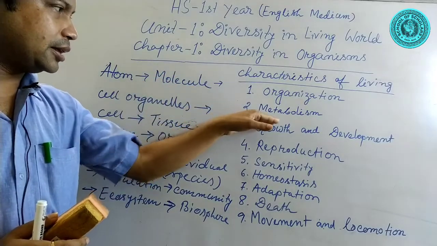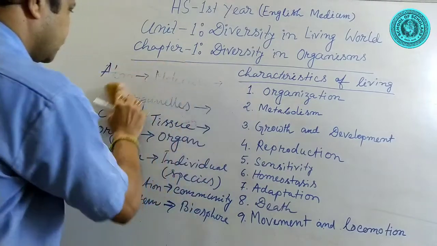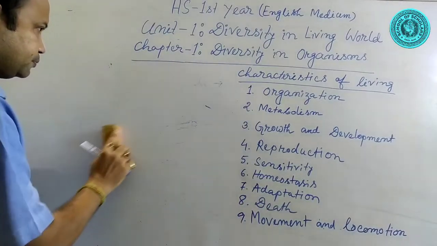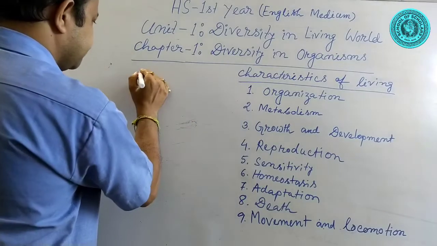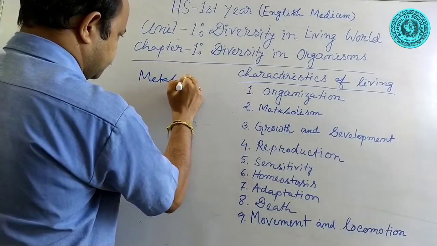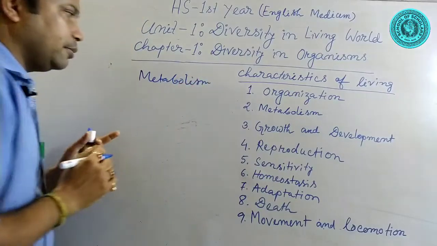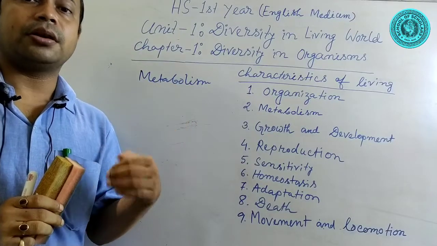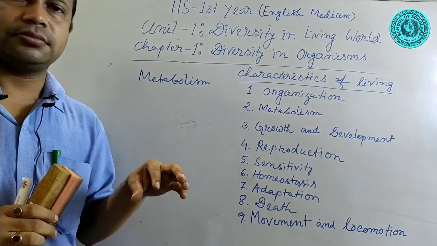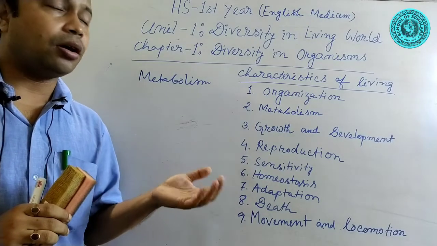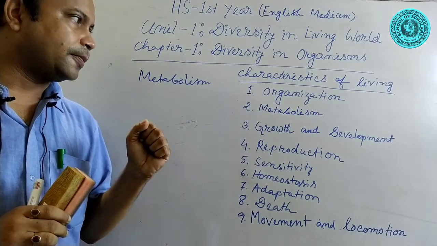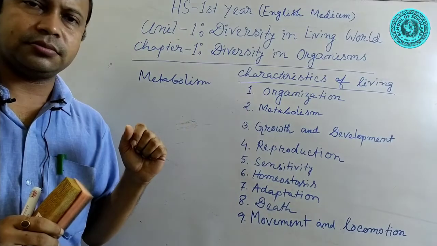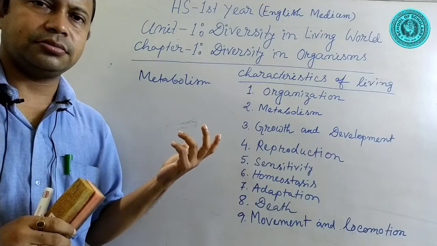Second characteristic is metabolism. What is metabolism? Metabolism is the sum total of physiochemical activities that occur in an organism's body or within a cell. There are several examples of metabolism, for example photosynthesis, cellular respiration, digestion.